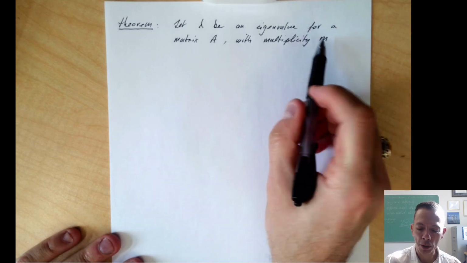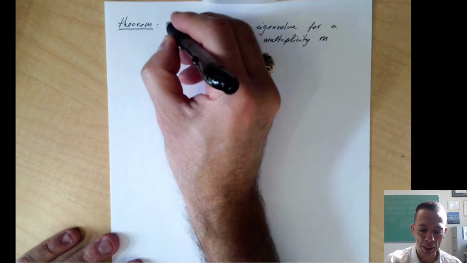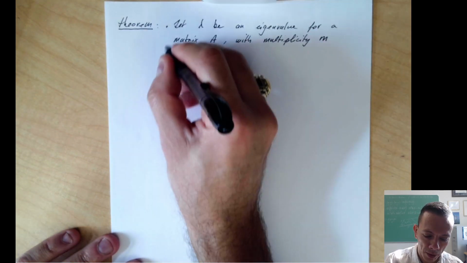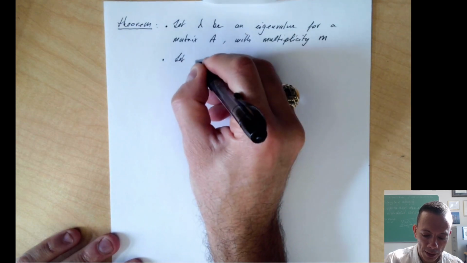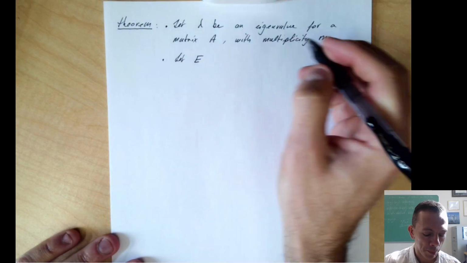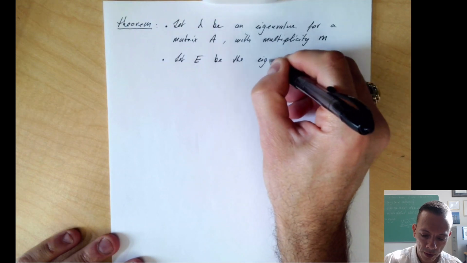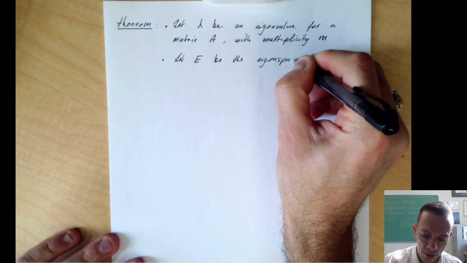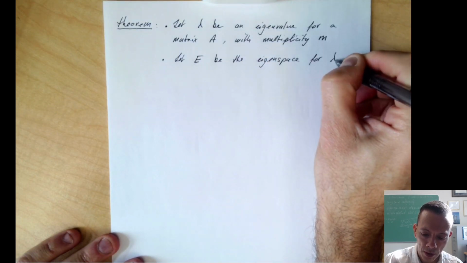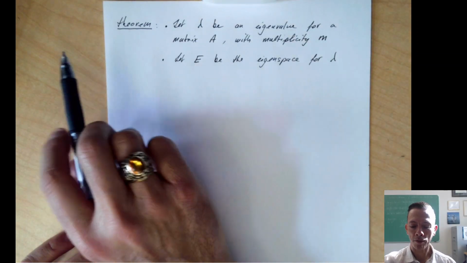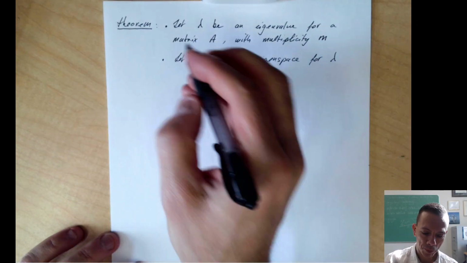So m is the multiplicity of the eigenvalue lambda. On the other hand, let E be the eigenspace for lambda, the set of eigenvectors for lambda.